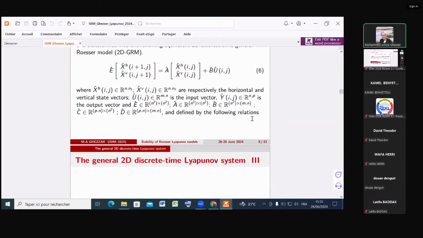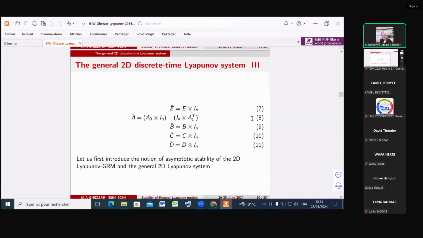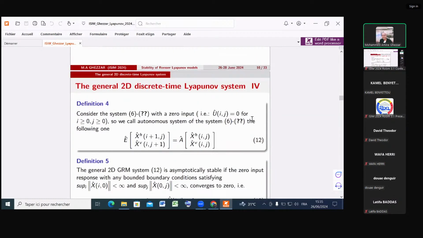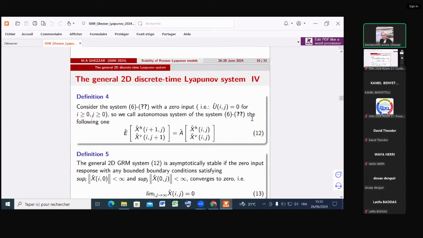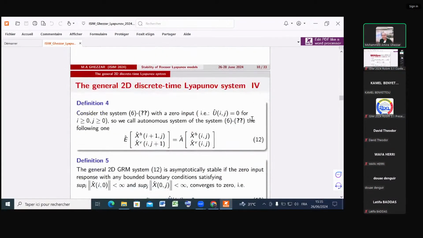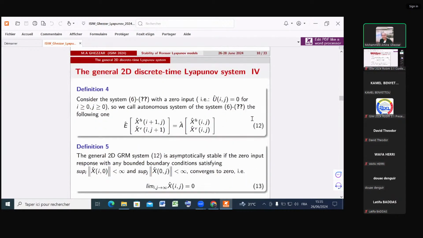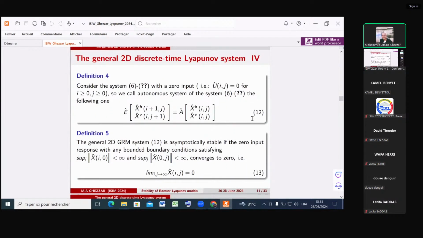That system is defined by Formula 6 with appropriate matrices and appropriate dimensions. To study the stability test, we have just to study the stability of the autonomous system, where u equals 0.